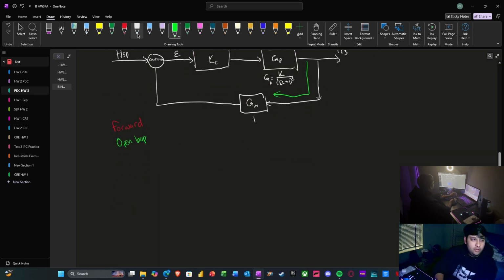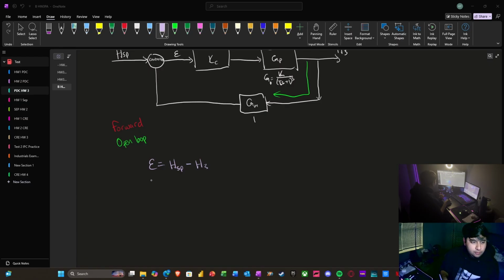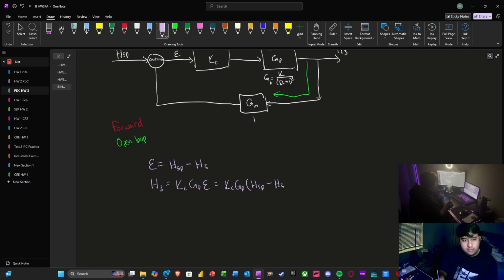So to solve, we're going to make our epsilon equal our set point minus our third height. Now I'm going to make our H3 defined. This will be our KC times our GP, and then we multiply that by our error, which is just H3SP minus H3.